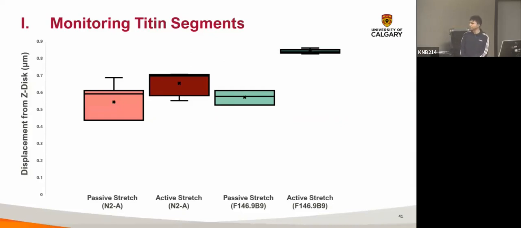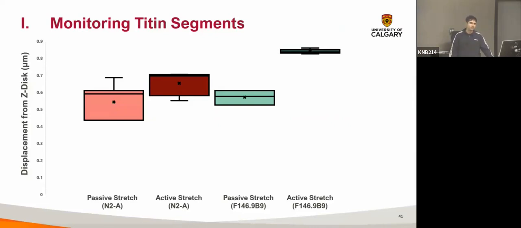Does that make sense? Yep. Yeah, I agree. So what do you think is happening? I think it's binding to actin.